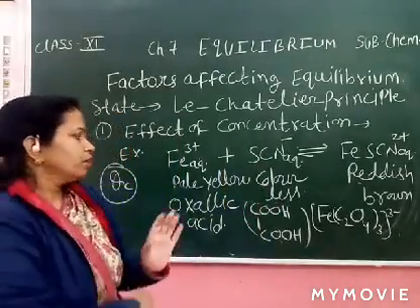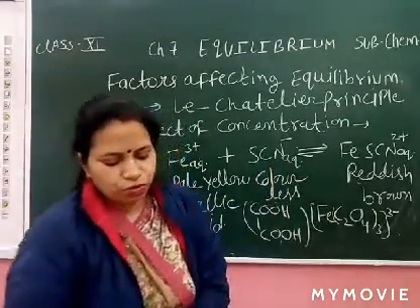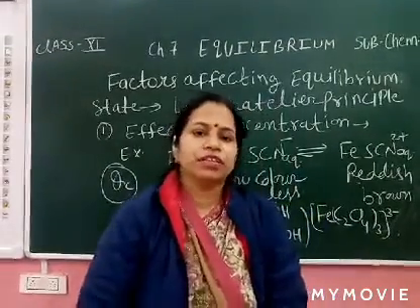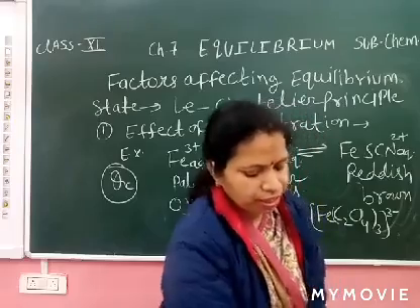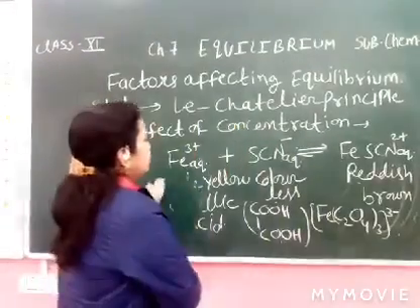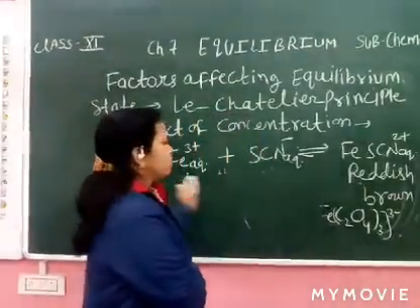Again, next point, if we add HgCl2, mercuric chloride, to the reaction mixture, the Hg2+ ion reacts with thiocyanate, so there is no free thiocyanate to react with iron.